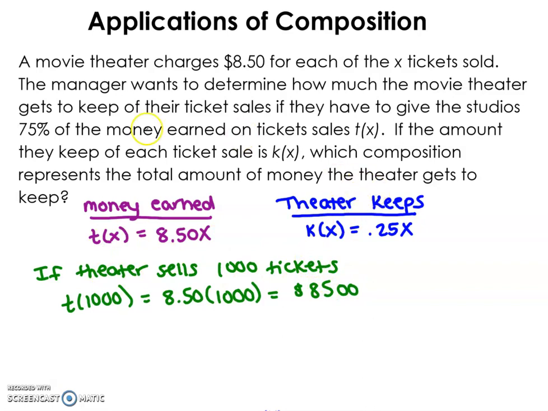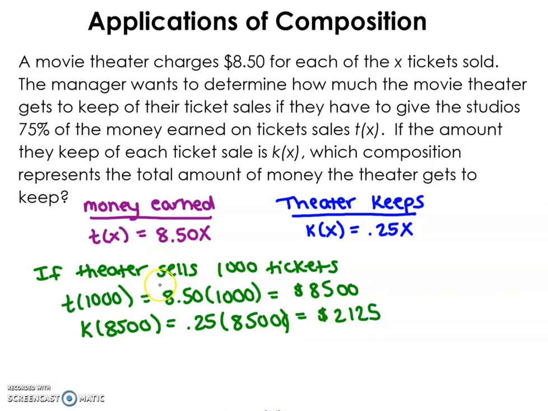If they're giving away 75%, they get to keep 25%. So if they keep 25%, K of the amount of money that they made, $8,500, would be 0.25 times 8,500. And that's going to equal 2,125.